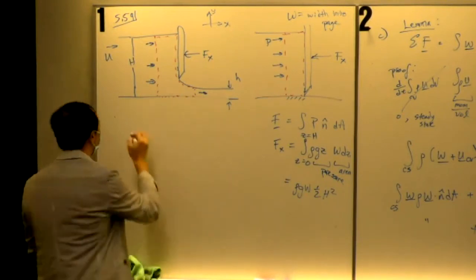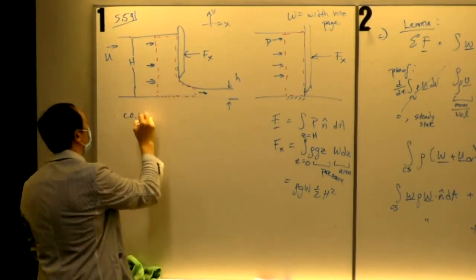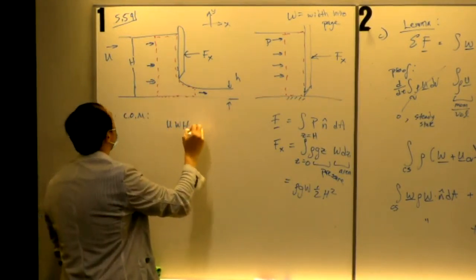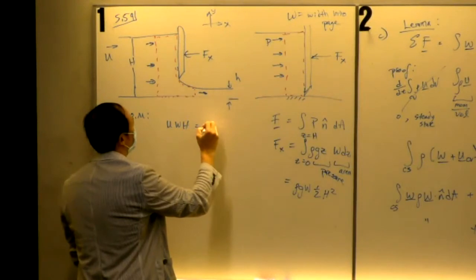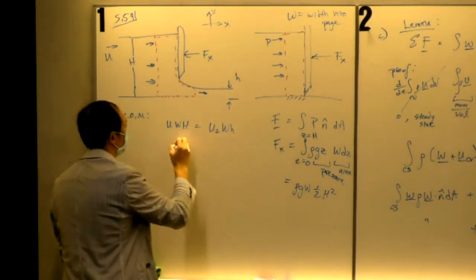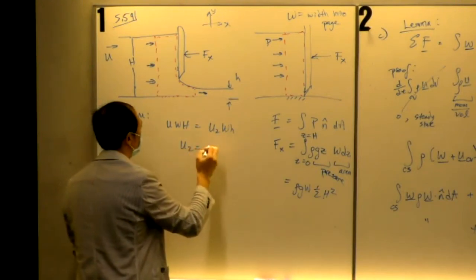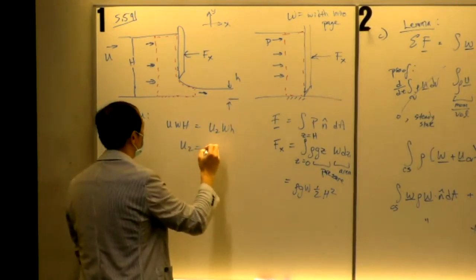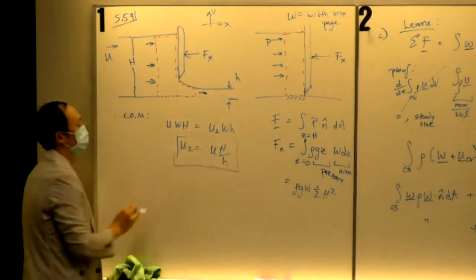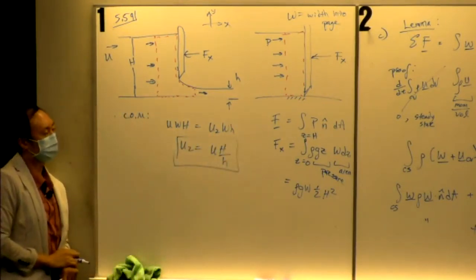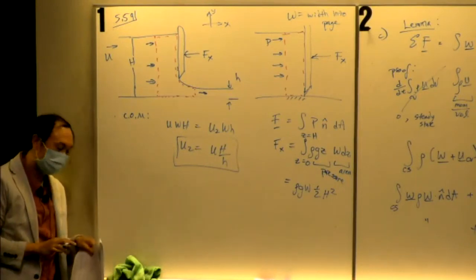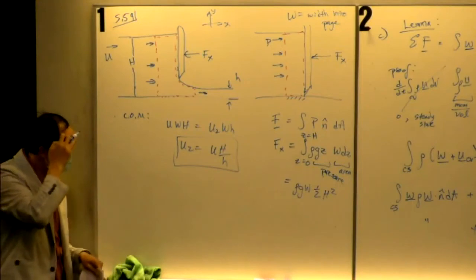So let's use conservation of mass, which says U, W, H is equal to U2, W, little h. So U2 is going to equal U times H over little h. In other words, it's like a nozzle. You're squeezing that fluid out, it's going to have a higher velocity.